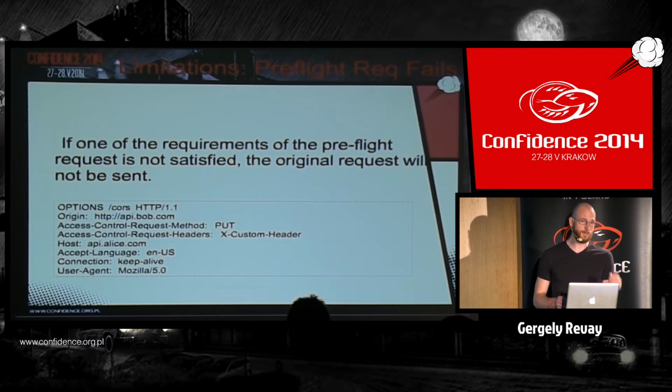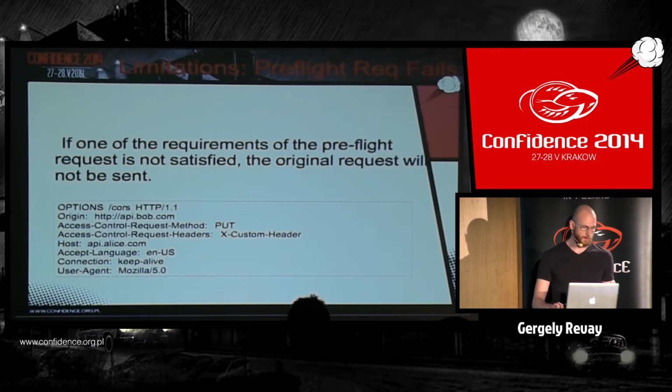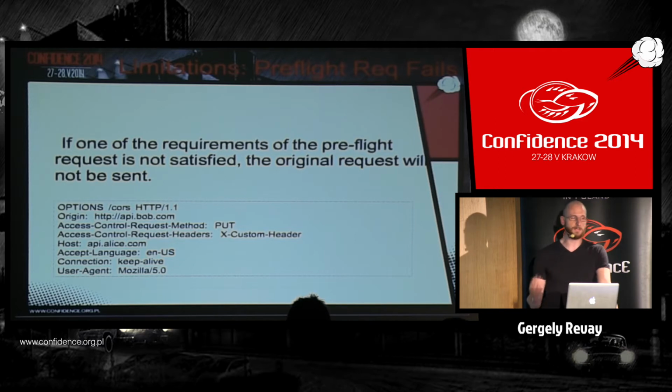Yes, and this previous slide was about simple requests. This one is about the not simple requests, so when we send a preflight request as well. If anything is wrong with the preflight request, then the browser will simply not send your original request.